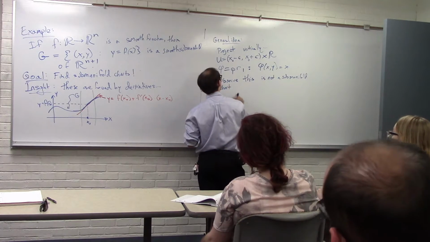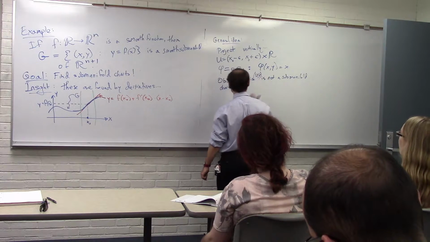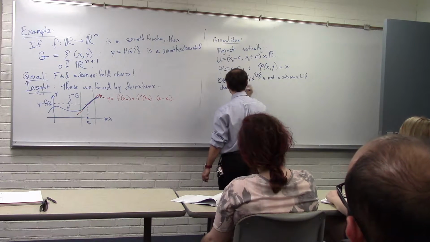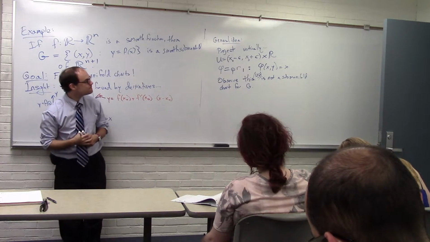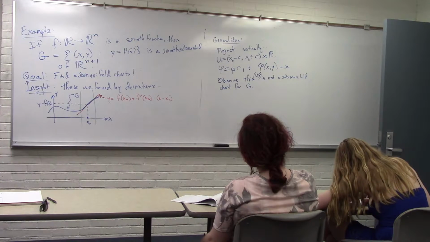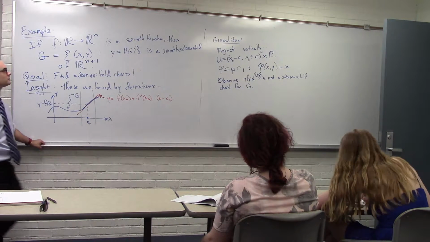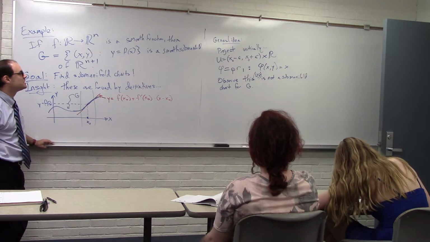Phi is not a submanifold chart? Yes, so the pair U comma phi is not a submanifold chart for G. Why not? It's got to be a homeomorphism, bijective. Take the inverse. Is it bijective?